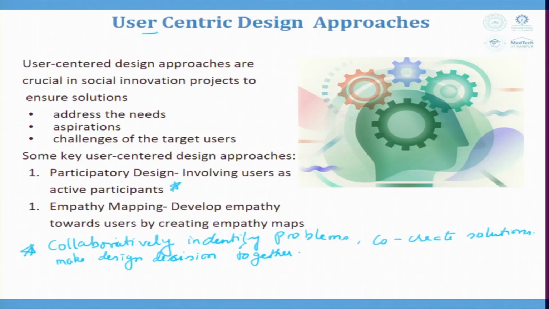Many of the points I write are my own learning from when I did a lot of social innovation with the community. Then the next thing is empathy mapping. Develop empathy towards the user by creating empathy maps. Several techniques are there. This one is very important: creating an empathy map and then trying to solve.